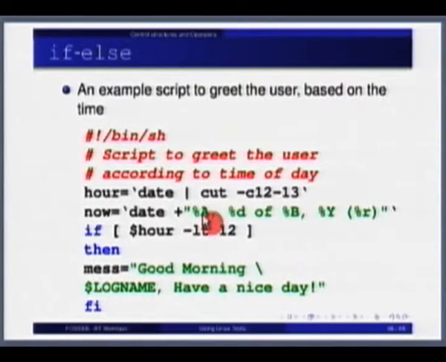A here stands for I think AM or PM maybe. D here stands for the date. So these all have some important meaning. Y for year. What meaning they have is best found using man date.